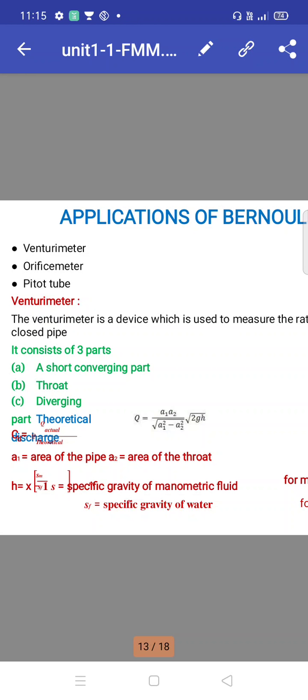When analyzing Bernoulli's equation, we have to ensure the properties as well as the characteristics of the fluids. Then only can we attain the maximum resultant in an efficient way.